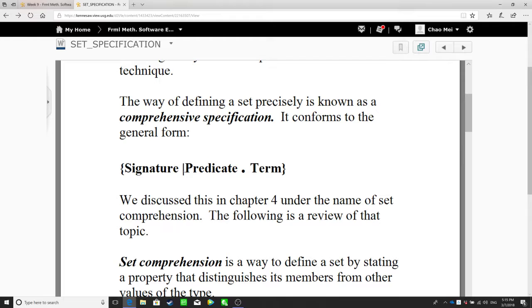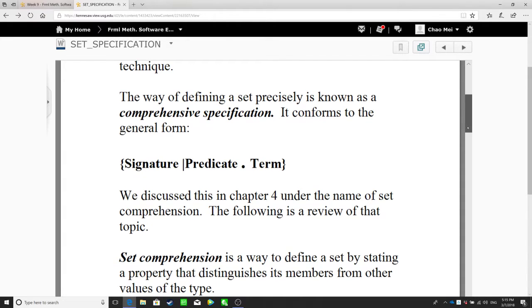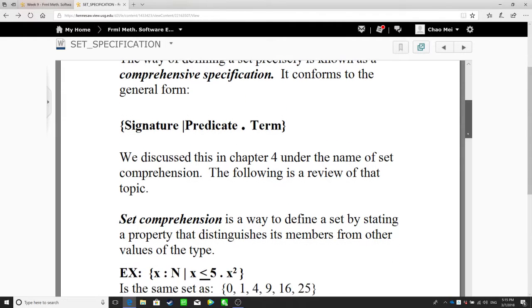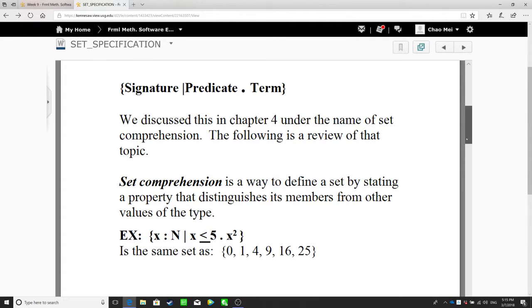Three parts: signature, predicate, and term. They're separated by the separator and this dot. What is a signature? What is a predicate? What is a term? Let's skip the definition and directly see the example. Term is the easiest thing to understand.